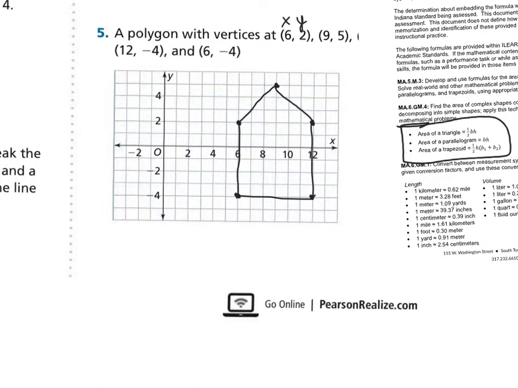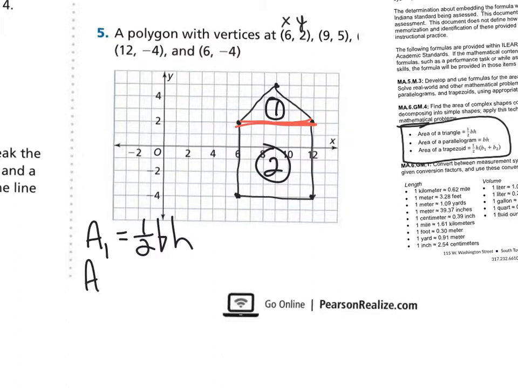So one way that we can split this figure up would be horizontally. We could split it up into a triangle and a rectangle. For our triangle, you might remember, we can number our sections so we can keep track of our work a little bit. So area 1 is a triangle.